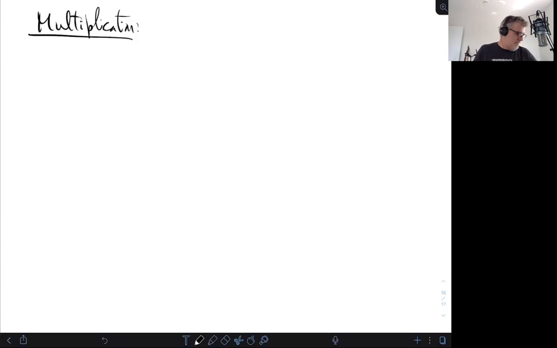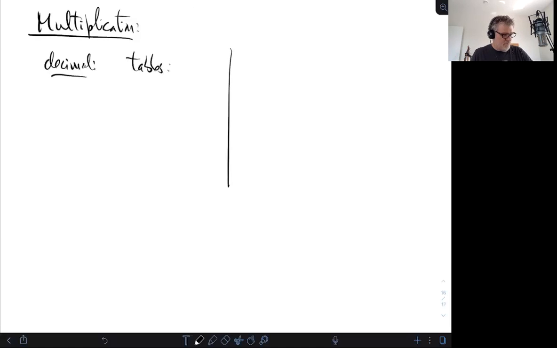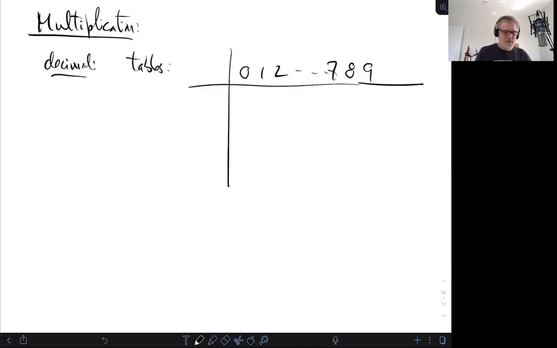I hated that, right? But so you remember, in decimal, when you're multiplying, you need to know your tables, right? We all learned those, 0, 1, 2, right up. Actually, we learned them up to 12 for some reason.